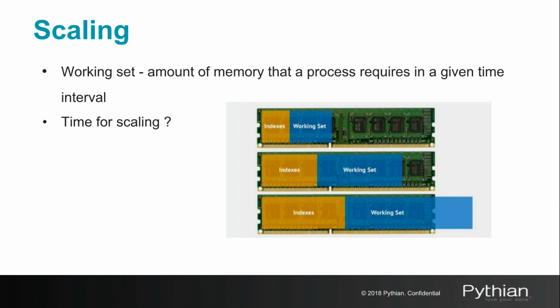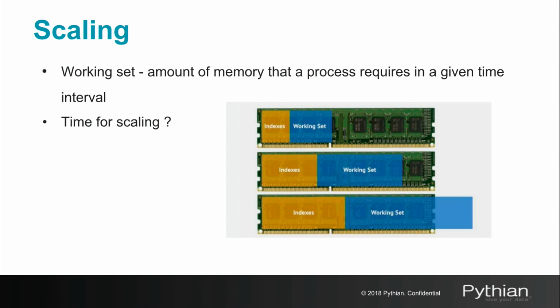The working set for a database is the piece of memory that the database requires at a given time, and that may change as your application queries may change over time, but it doesn't change in a magnitude of gigabytes. It may change in a magnitude of megabytes over a single day.